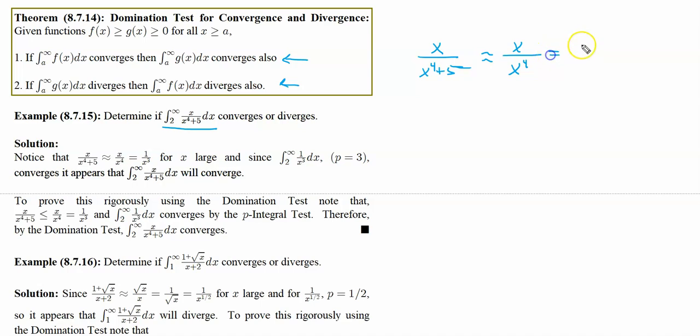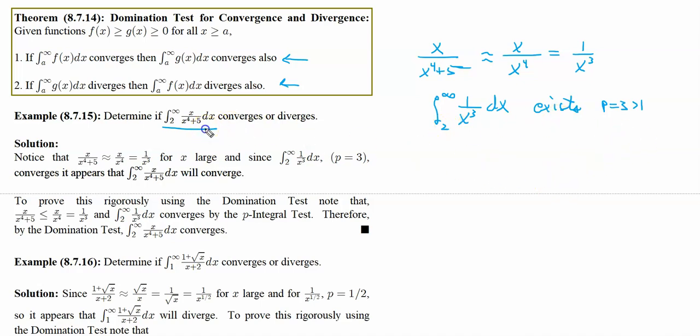And this, of course, is equal to 1 over x cubed. Now we know that the integral from 2 to infinity of 1 over x cubed exists by the p integral test, right? Because in this case, the p is equal to 3, which is bigger than 1. Okay, so this certainly exists by the p integral test.